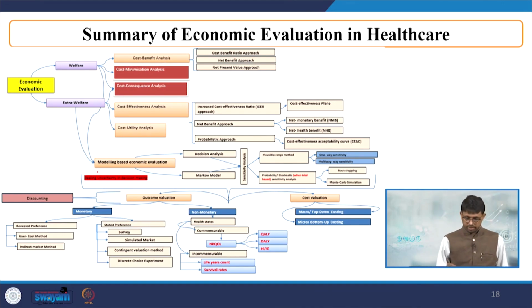Today we just touched on the Markov model, then sensitivity analysis, etc. These are mentioned here and you can follow on your own. I should also mention that we discussed QALY, DALY, HYE, etc. So, please follow this, and if you are still stuck somewhere, please do not hesitate. We are trying our best to clarify in the query lecture.